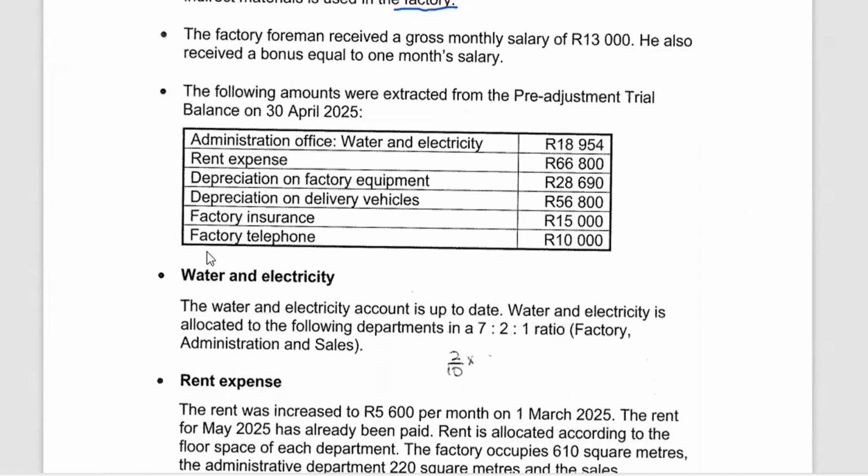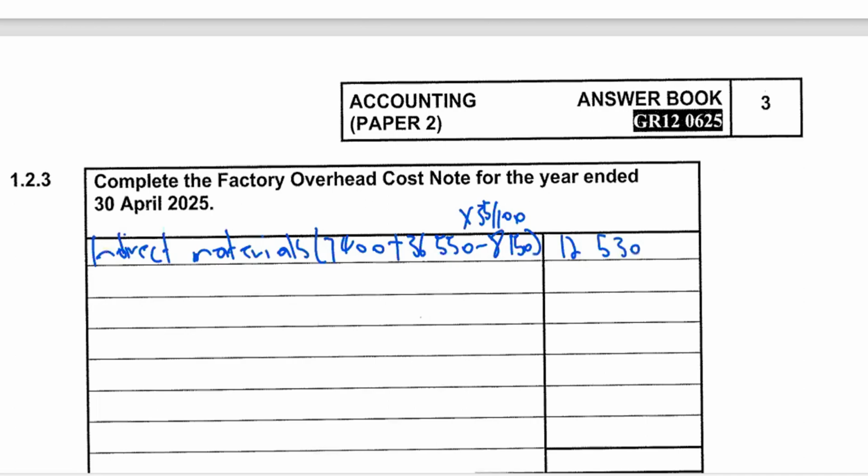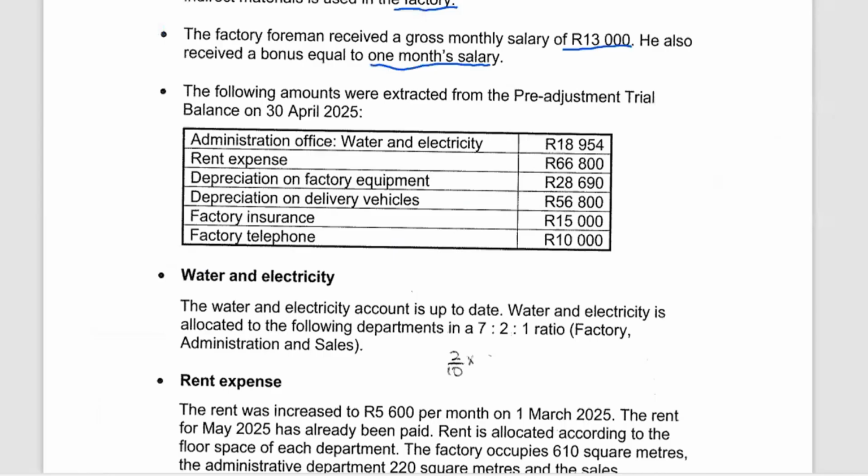The factory foreman received a gross monthly salary of 13,000. He also received a bonus equal to 1 month's salary. So now we have our indirect labor cost. We are told that the factory foreman earns a gross salary of 13,000. He also received a bonus equal to his 1 month's salary.